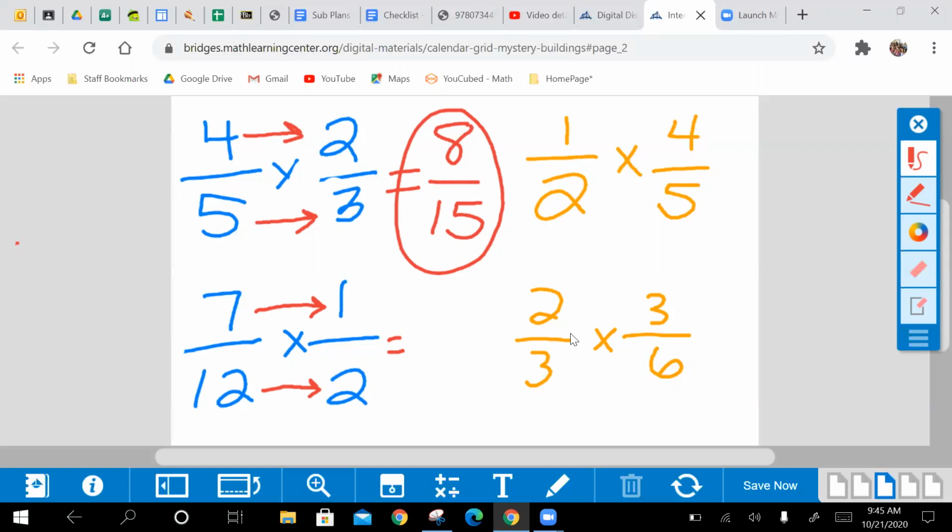So we have 7 times 1, which is 7, and then 12 times 2, which is 24. Now, there's no way to reduce this if you look at it. 7 does not go into 24, and there are no numbers that both the numerator and denominator will divide evenly into. We'll talk about reducing here in a second.